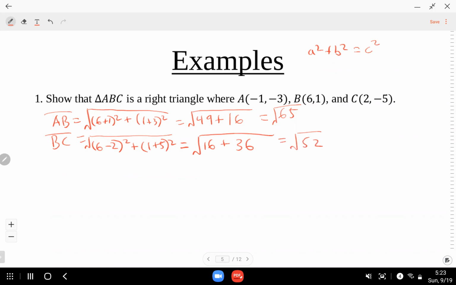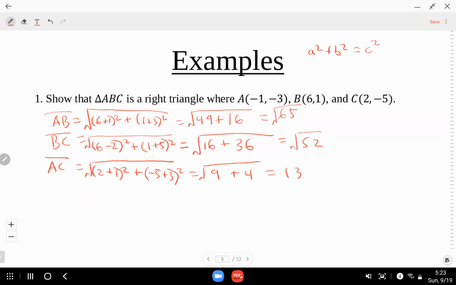All right, and our final one is AC. AC, we need to do 2 plus 1 squared plus -5 plus 3 squared. It's 9 plus 4, which equals 13.